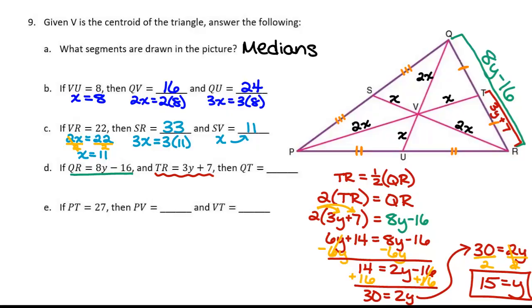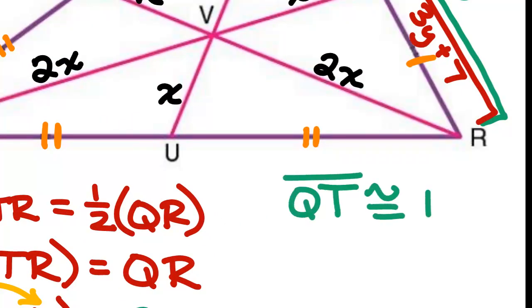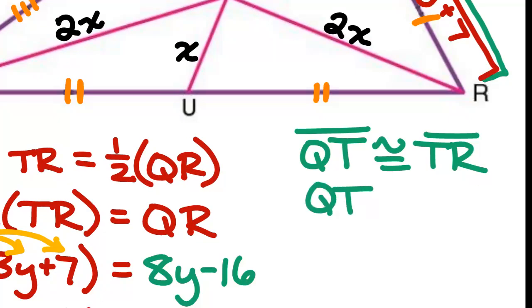All right, so if y is 15, what do I need to do to find the length of QT? Find the length of TR, because QT is congruent to TR. So the length of QT is equal to the length of TR.